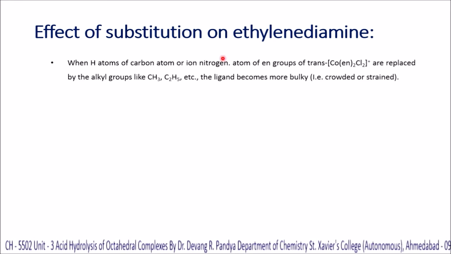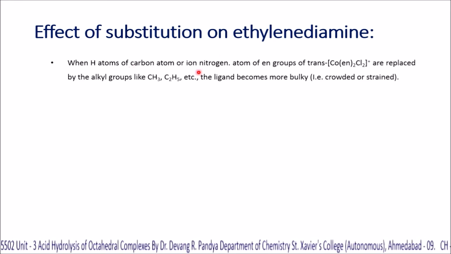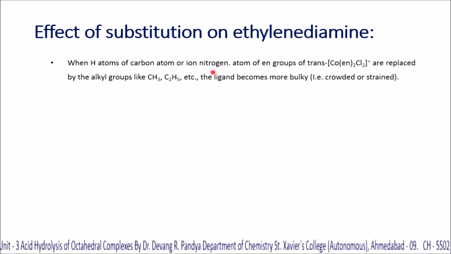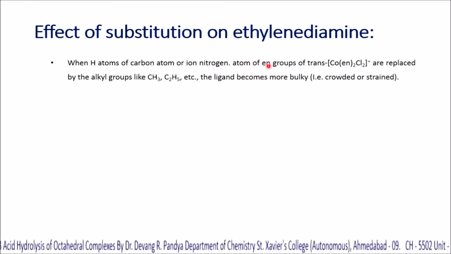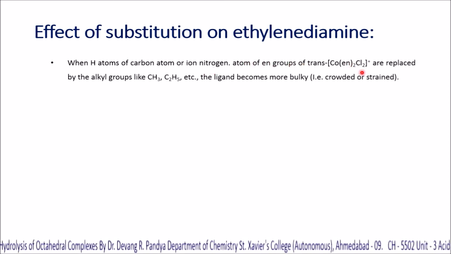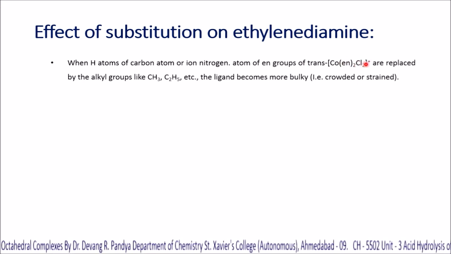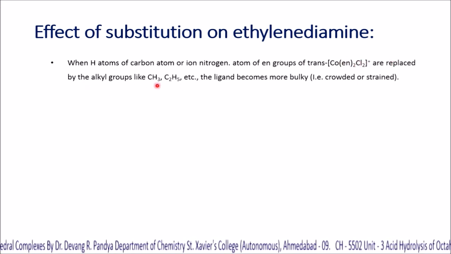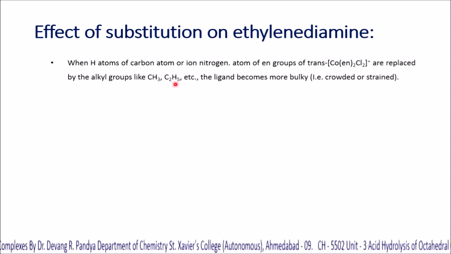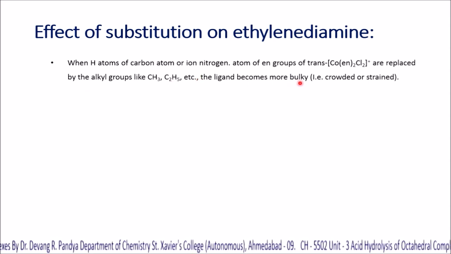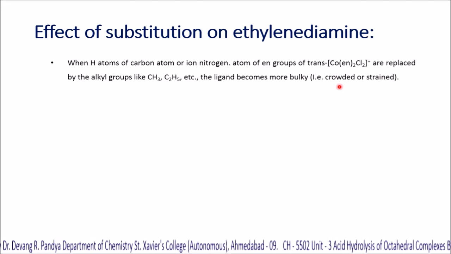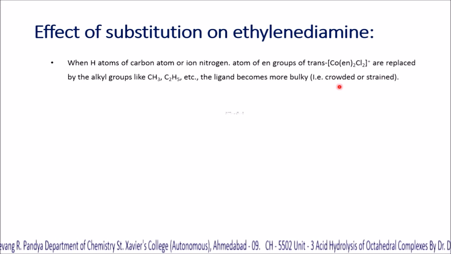Then what happens? When the hydrogen of the carbon or nitrogen atom of the ethylene diamine in this bis ethylene diamine dichlorocobalt trans complex is replaced by any alkyl group like methyl or ethyl group, the ligand becomes more bulky, more crowded, more strained.